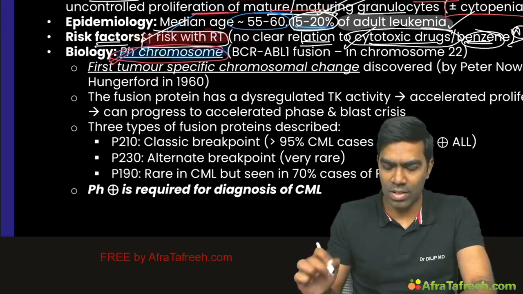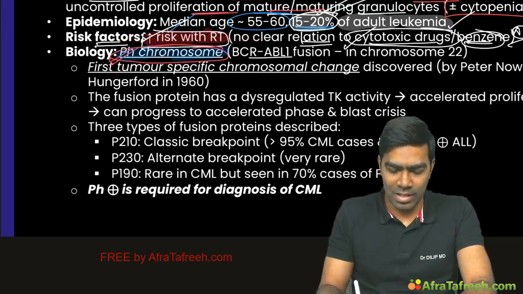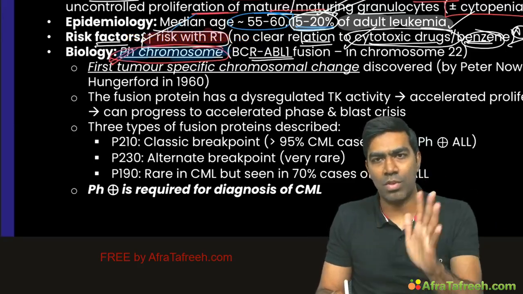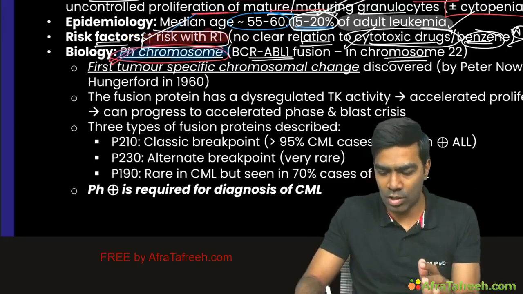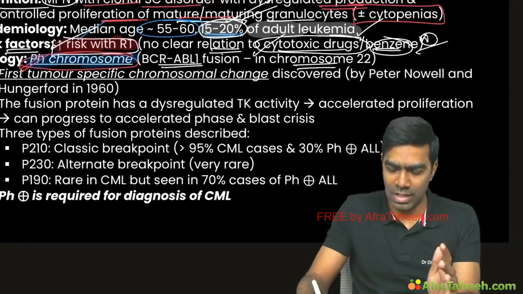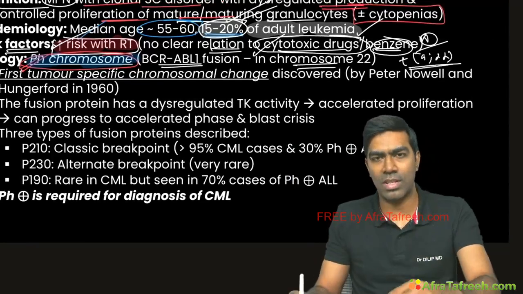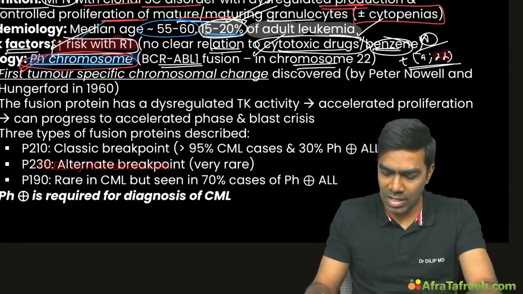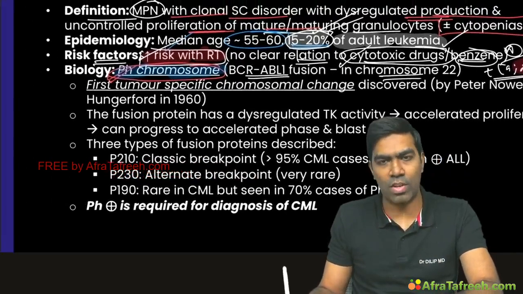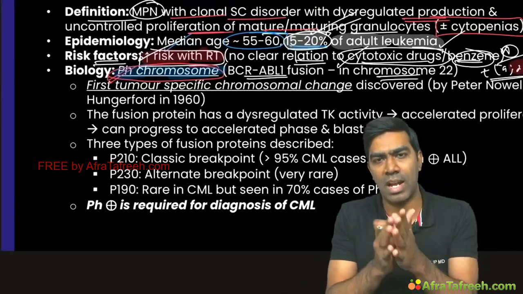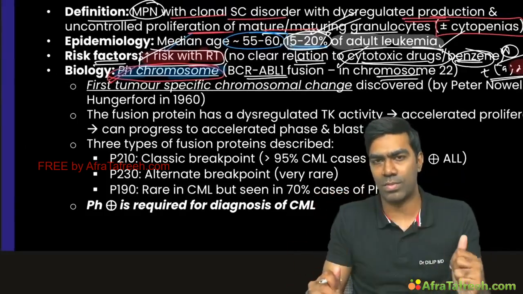So what is that Philadelphia chromosome? It is nothing but the BCR-ABL fusion. That occurs through the famous t(9;22) translocation, in which chromosome 22 is what we call the Philadelphia chromosome, where BCR and ABL1 fuse.